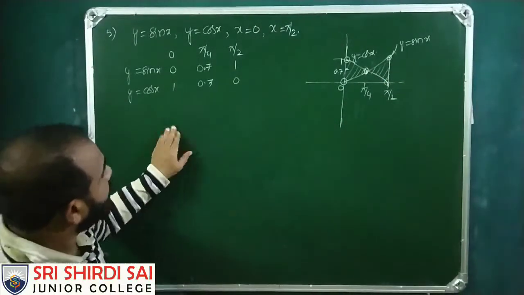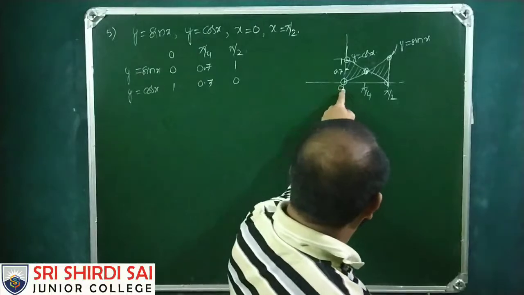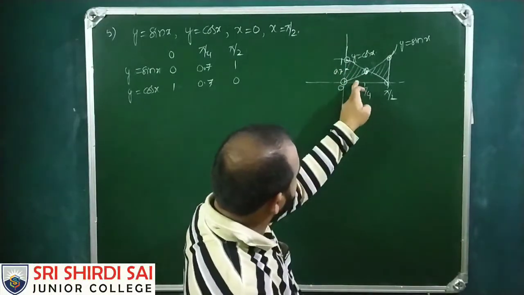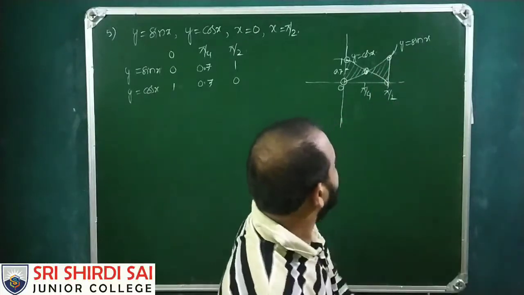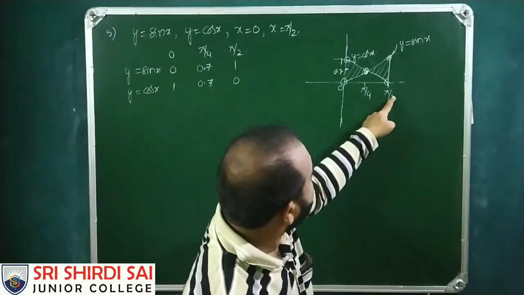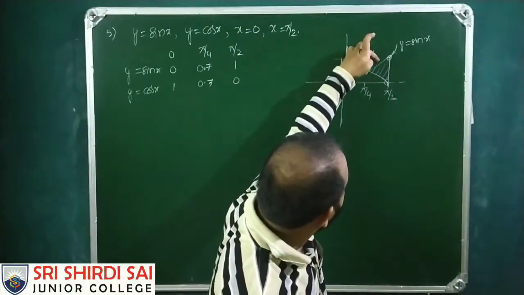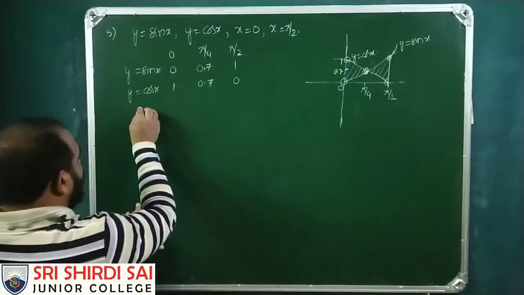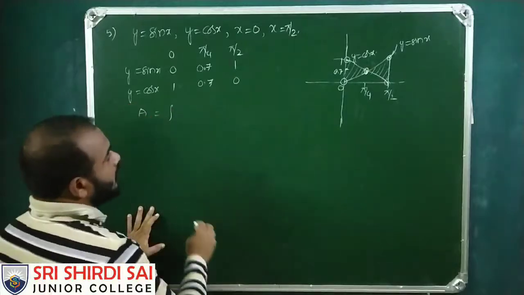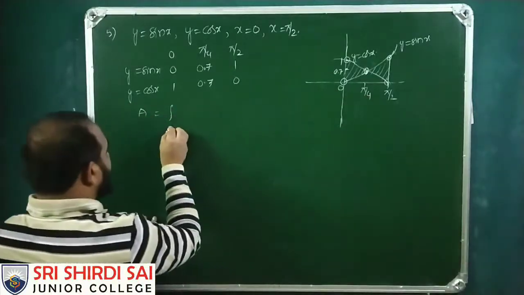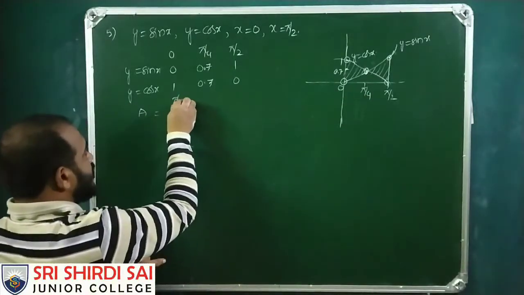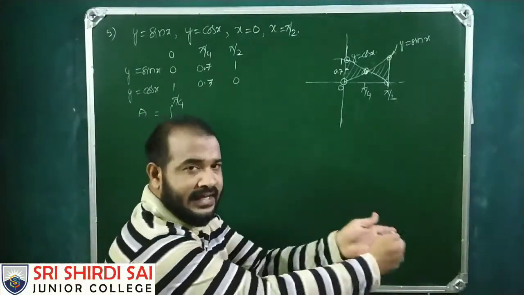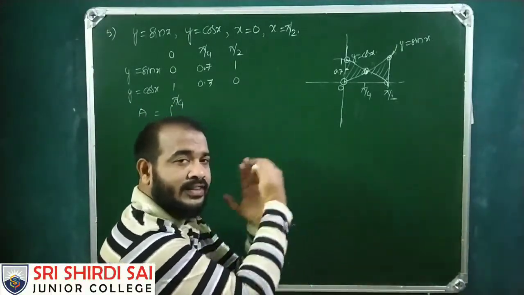Okay. So here 0 to pi by 4, the upper curve is cos x and the lower curve is sin x. But from pi by 4 to pi by 2, the upper curve is sin x and the lower curve is cos x. So that is what we are going to do. Area is equal to, from 0 to pi by 4, the limits of x, y dx.